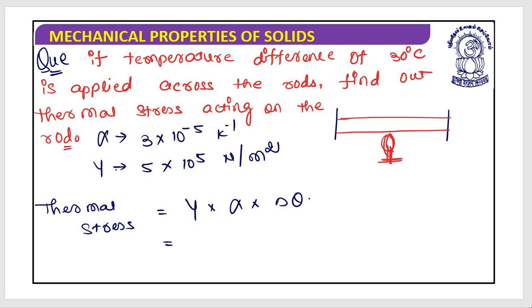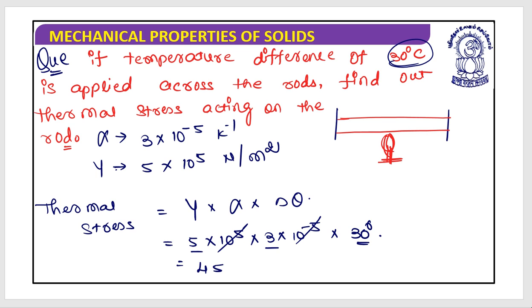So let's put in the values. It's 5 into 10 to the power 5 multiplied by alpha, which is 3 into 10 to the power minus 5, multiplied by delta theta, which is 30 degrees Celsius. So this cancels, and 5 threes are 15 multiplied by 30 is 450. It is a stress, so it should be Newton per meter square. I hope this is clear.